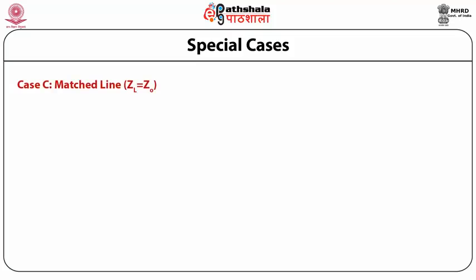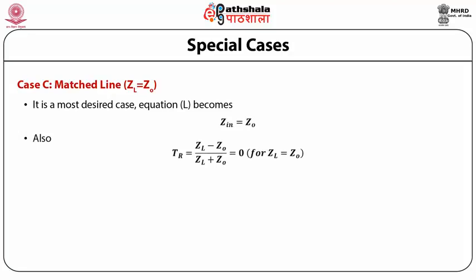Now the last case is a matched line, that is when ZL equal to Z0. It is the most desired case, so equation L becomes Zin equal to Z0. So gamma R is equal to (ZL minus Z0) by (ZL plus Z0) equal to 0. So S equal to Z0 by ZL equal to 1.